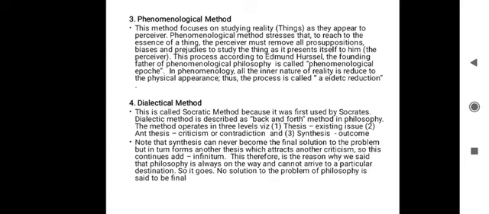The fourth method of philosophy is the dialectical method. Dialectical method is called Socratic method because it was first used by Socrates. Dialectical method is described as the back and forth method in philosophy. The method operates on three levels, namely: 1.